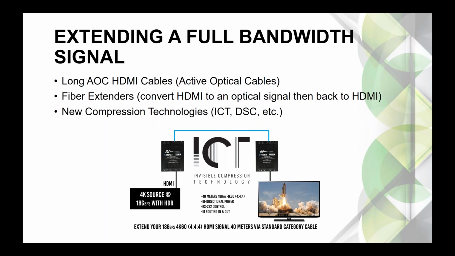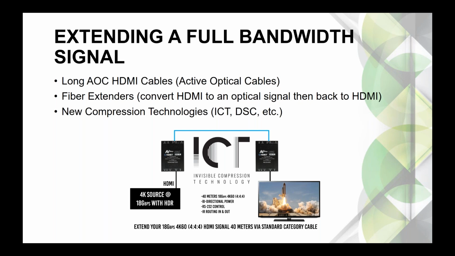There's fiber extenders that actually convert HDMI to optical or light and then back to HDMI. And those ones are like a traditional HDBaseT extender. They include things like RS-232 and IR, so you can deal with the control system.